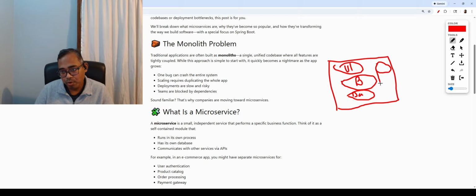The business functions we mentioned all sit in this single box, but maybe in different packages or directories. User authentication, product catalog, order processing, and payment gateway will all directly access each other's code. There is no REST call or anything. They all sit in the same process.